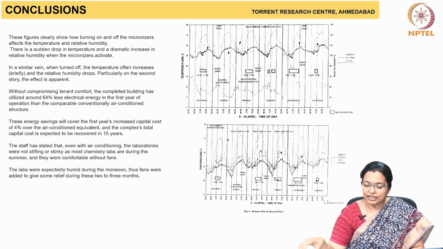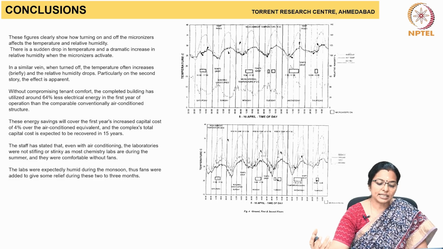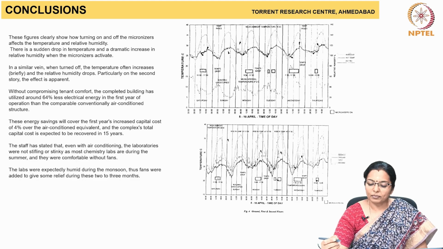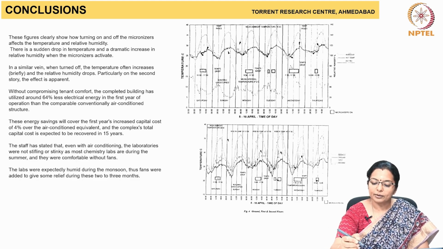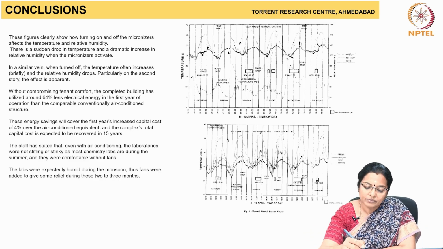So from this you can clearly see the difference between the ambient air and the air in the PDEC, just like how it is there in the IGP complex. So you can see that this is the mean ambient temperature and this is the temperature drop which happens because of the PDEC.